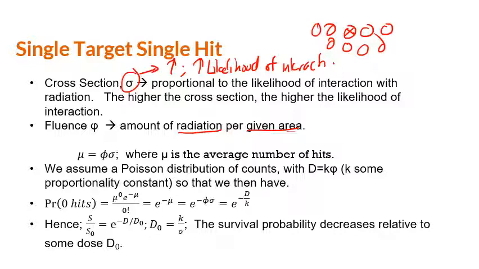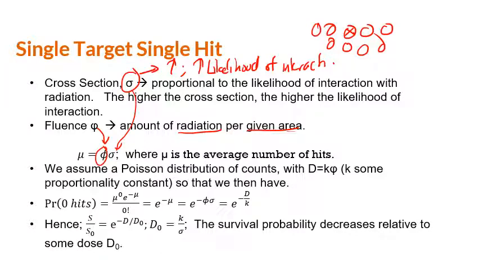Okay, so ito, yung mu mo, yung number of hits, is proportional to your fluence phi, and then your cross-section sigma. Okay, ito kasi yung sa word na phi, na symbol, kapag word lang. Pero pag naka-equation, ito yung Greek symbol na phi.